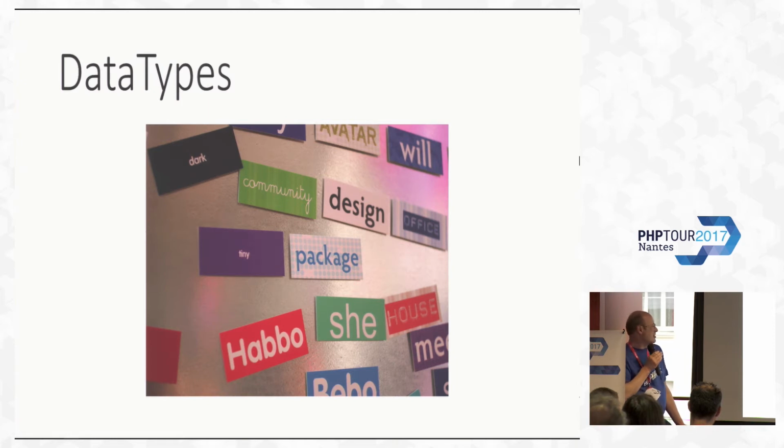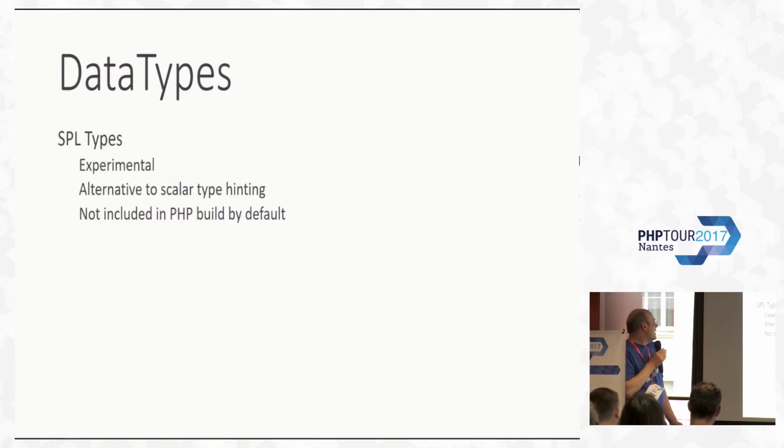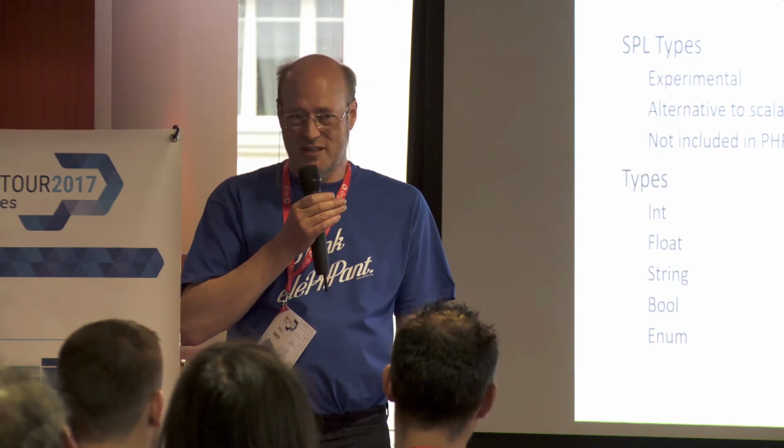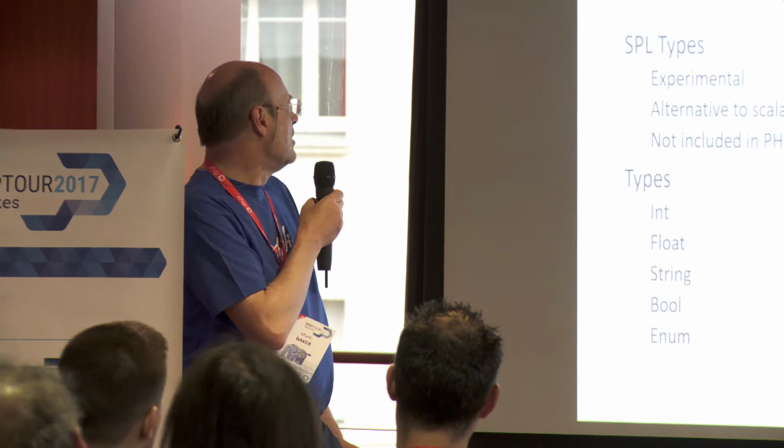Unfortunately, we've not got any numerics, but SPL does provide data types. Nice object wrappers around all your basic scalars like integer, float, string, bool, and a magic enum as well, which is actually still just about useful.